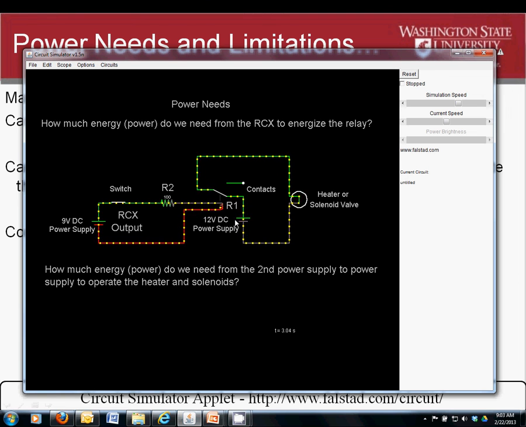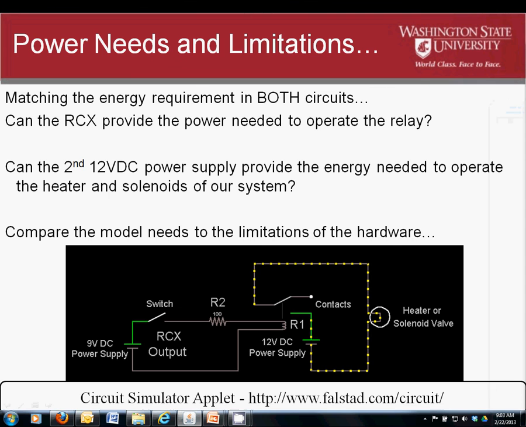These measurements will allow us to answer the questions. I'll pause this here, move it out of the way. So those measurements taken in class will allow us to answer these questions. Can the RCX provide power needed to operate the relay? Can the second power supply provide the energy needed to operate the heater and the solenoids? This allows us to understand the limitations of the hardware and their needs.